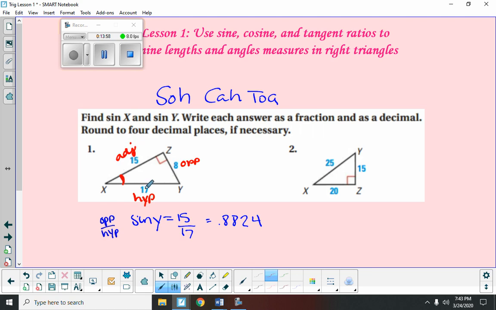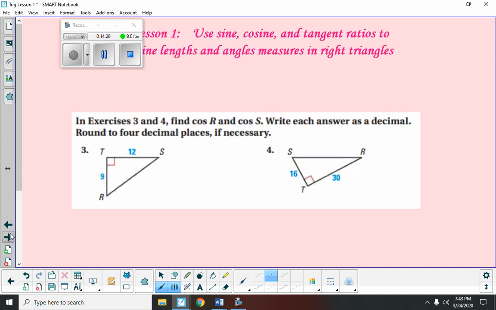Okay, so the hypotenuse is across from the right angle. There's your adjacent. So your sine of x would be, again, the sine is opposite over hypotenuse. So that would be 8 over 17. And 8 divided by 17 is 0.4706. So that's how we do a problem like that.